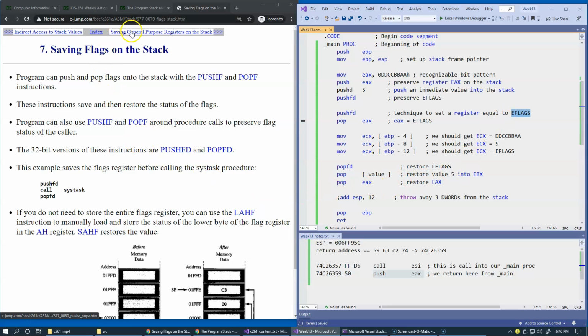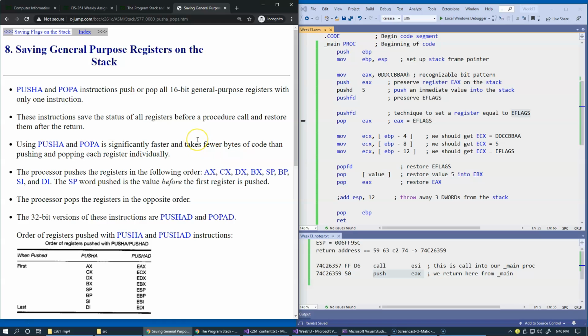So the next thing that is available: there are two sets of instructions that can save all 32-bit registers and 16-bit registers. The ones we typically use in 32-bit mode are push all double word registers and pop all double word registers.